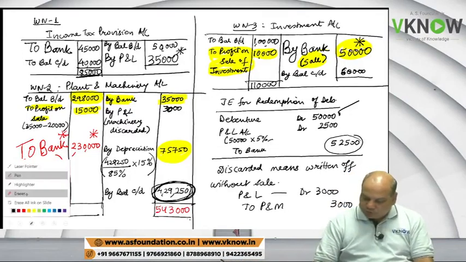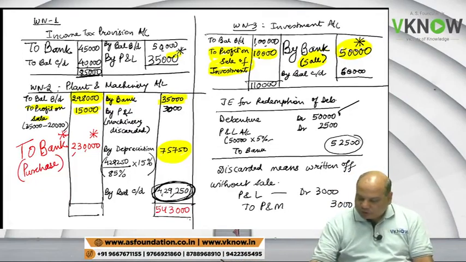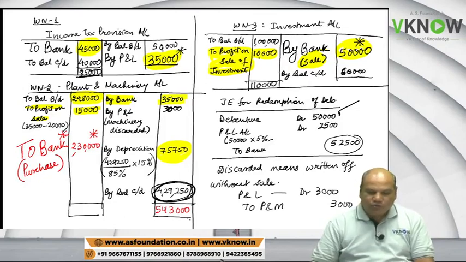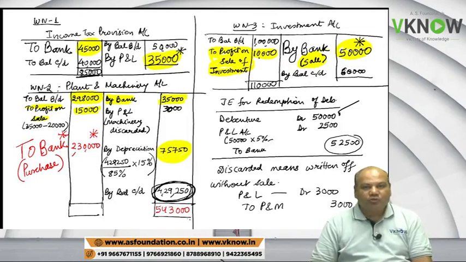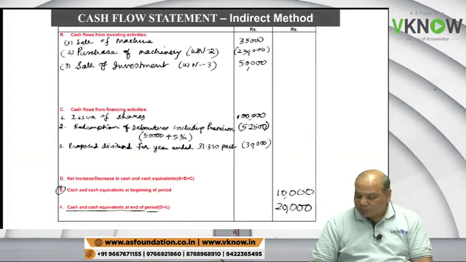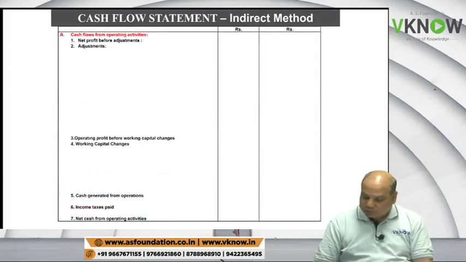What I am going to do, this 35,000 is provision for income tax current year, add back in adjustment, and this 45,000 is actual tax paid. So that we are going to show in operating activity as actual tax paid. Both items will go to operating activity only.